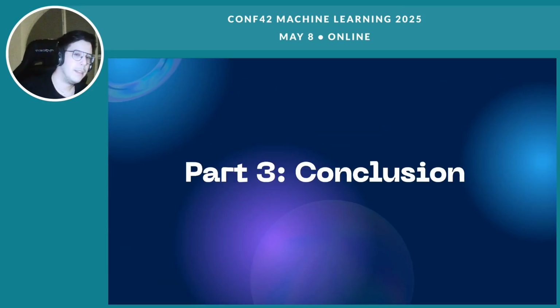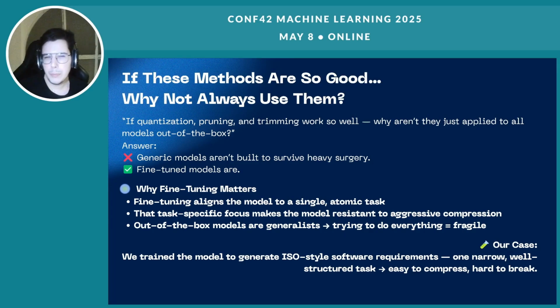We're going to part 3, conclusions. So you may also think, if the methods are so good, why shouldn't we always use them? Basically we omitted the fact that it worked perfectly only on fine-tuned models. So why does fine-tuning matter?